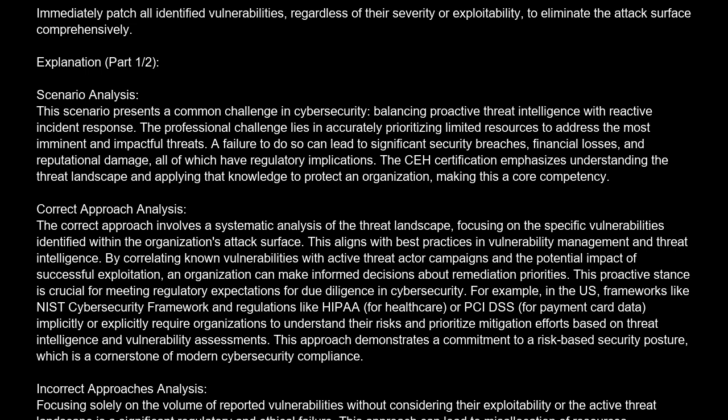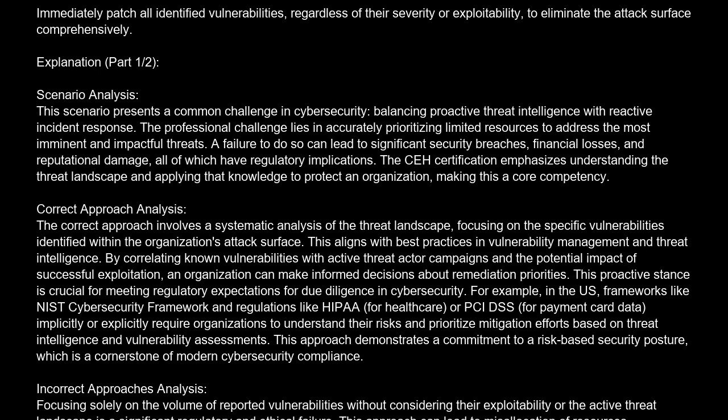By correlating known vulnerabilities with active threat actor campaigns and the potential impact of successful exploitation, an organization can make informed decisions about remediation priorities. This proactive stance is crucial for meeting regulatory expectations for due diligence in cybersecurity.